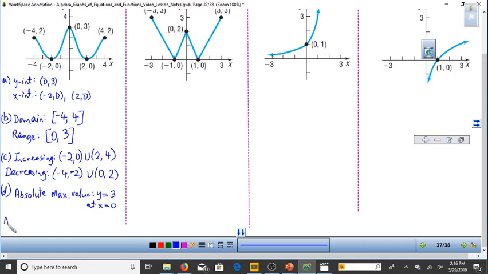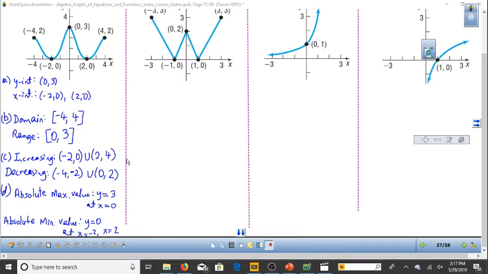And the absolute minimum value, that means the lowest point on the graph, is 0, and that's a y value, and that occurs in two places, at x equal to -2 and at x equal to +2. And there you have it.